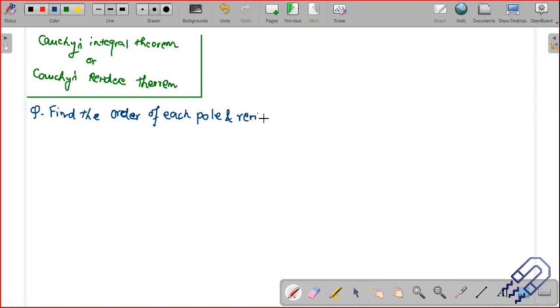I will be given a function, and I have to find them. Maybe it's (1 minus 2z) divided by z(z minus 1)(z minus 2). So this is your function.